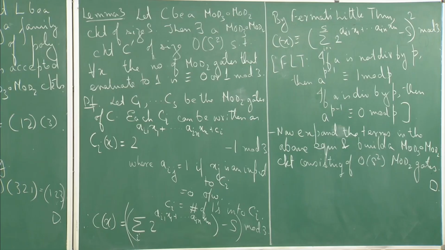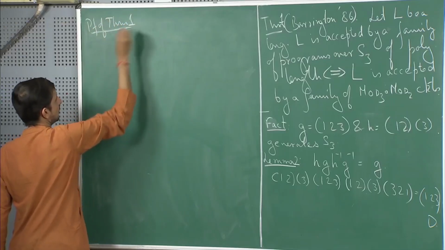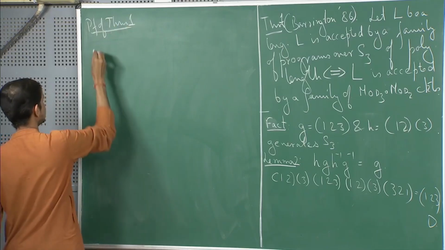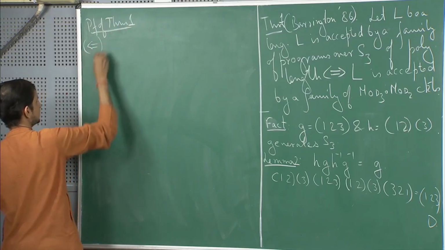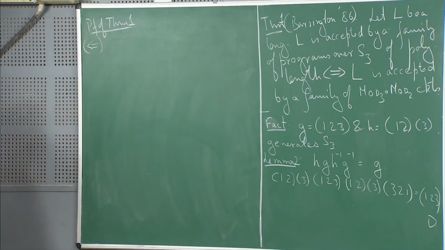Okay, so now proving the theorem. We will start with the reverse direction, that is, given a mod 3 mod 2 circuit, how do we get a sequence of instructions that accept the same language.